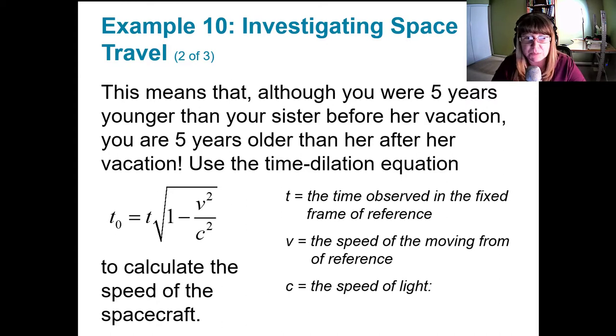We're going to use this special formula to calculate the speed of the spacecraft. So t naught equals t times the square root of 1 minus v squared over c squared, where t is the observed time in the fixed frame of reference, v is the speed of the moving frame of reference, meaning the spacecraft speed, and c is the speed of light.